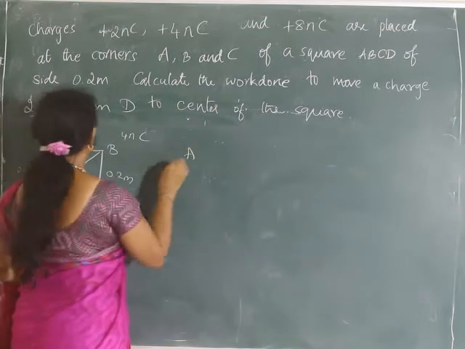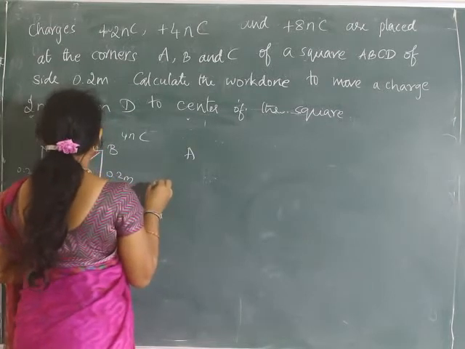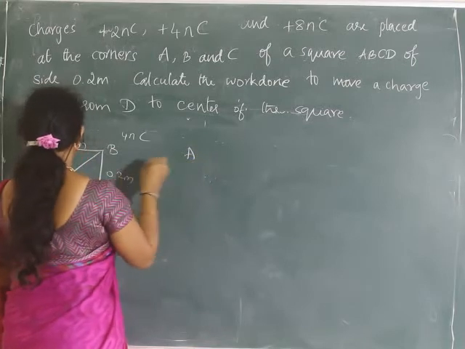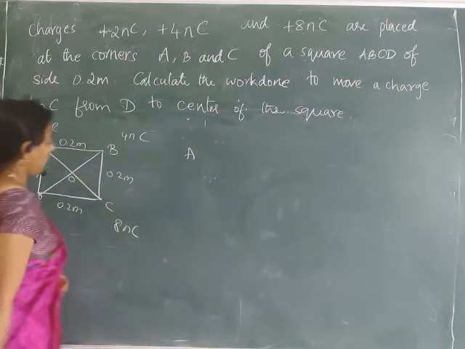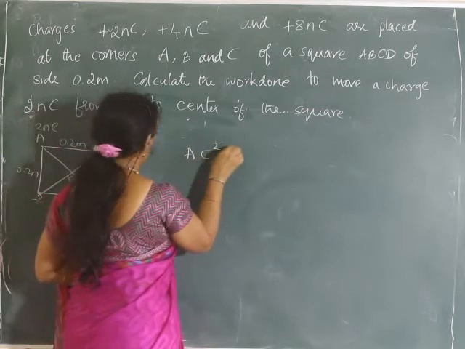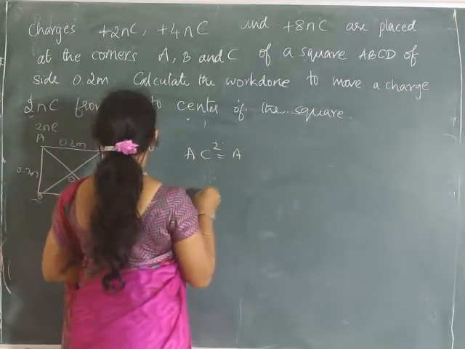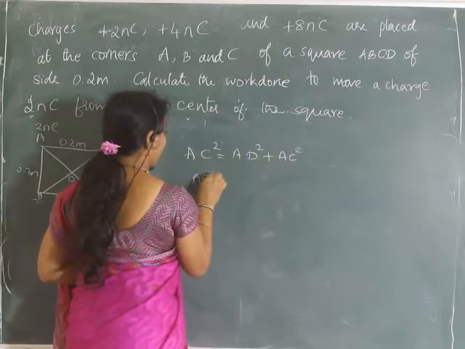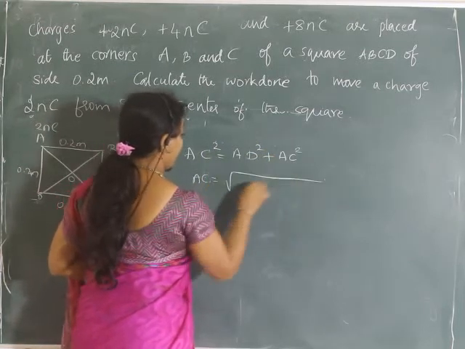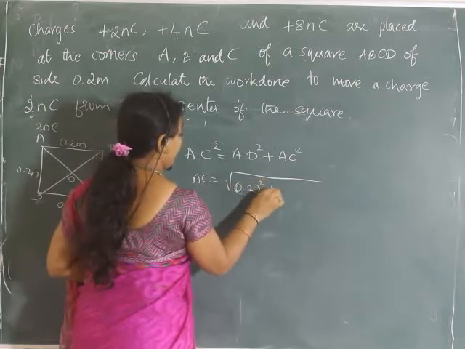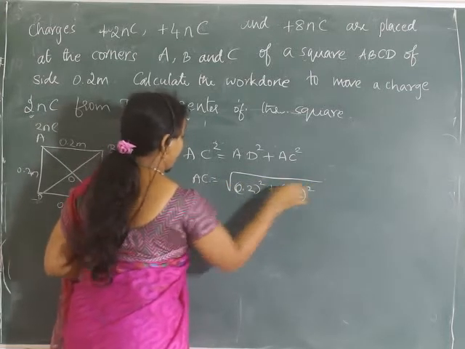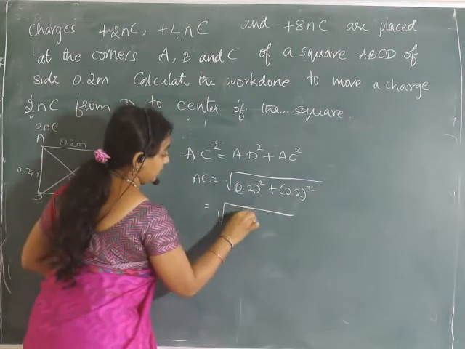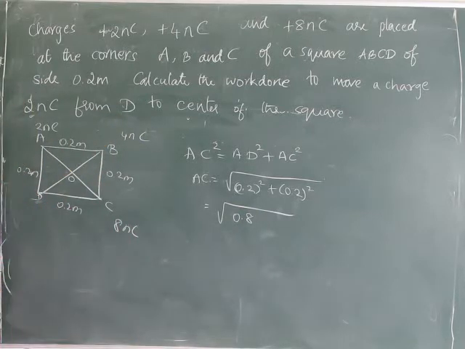So we will first find out what is the value of AC. So for that, square root of 0.8 meter.